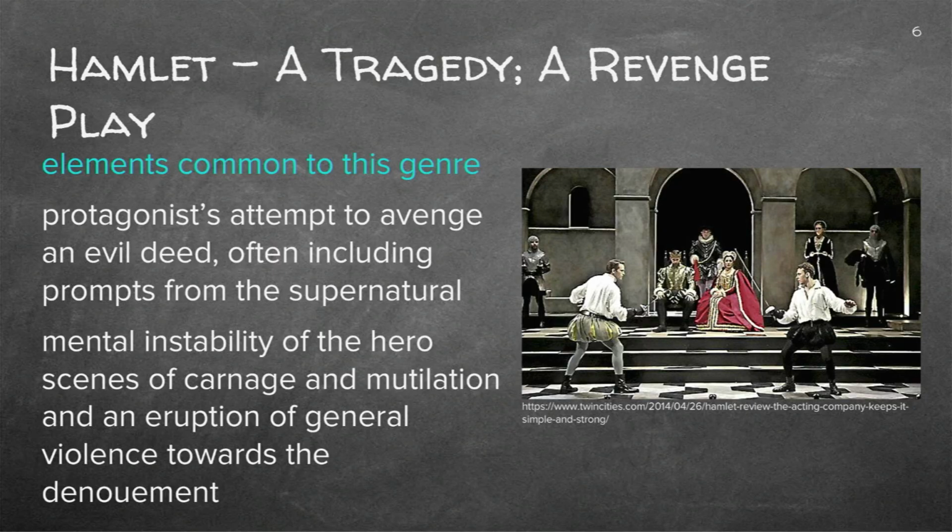Remember the ghost of his father appearing to him as he comes back to the castle. It is also about the mental instability of the hero, and it often has scenes of carnage and mutilation, and an eruption of general violence towards the denouement.